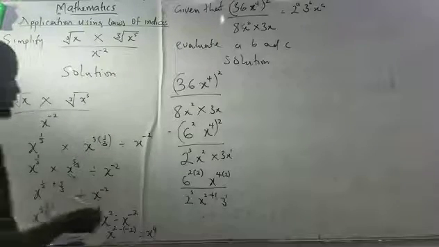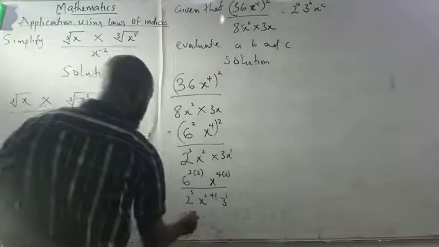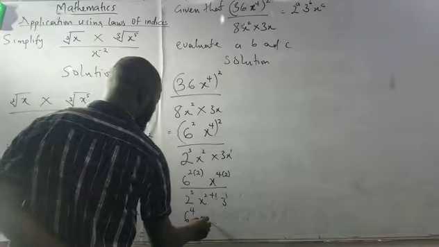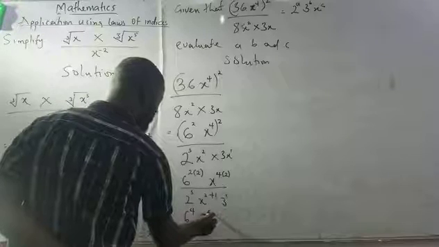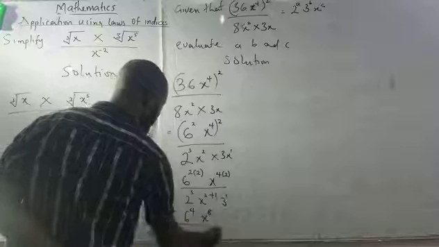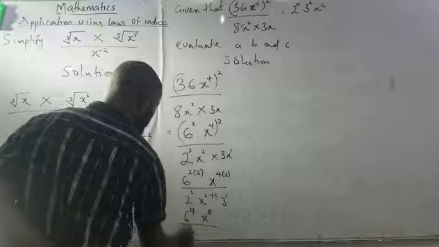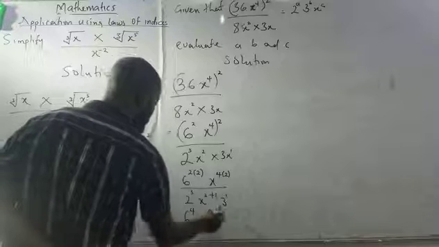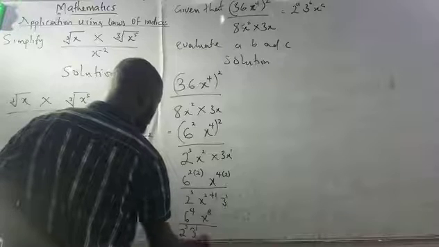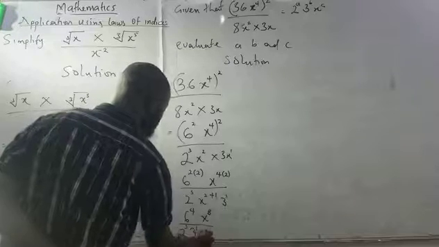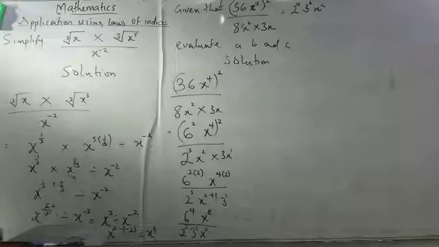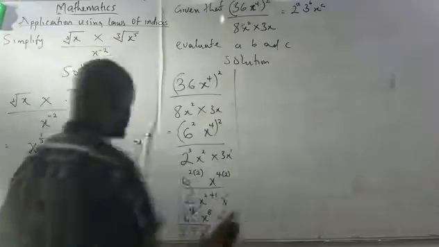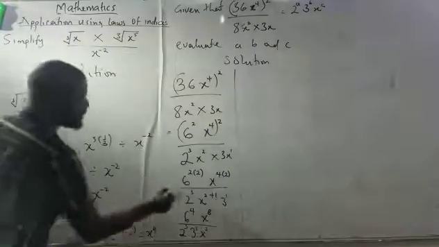Now, at this junction, I can call this 6 raised to the power 4 and x raised to the power 8, divided by 2 raised to the power 3 and 3 raised to the power 1 and x raised to the power 3. Now, please take note of this very well.